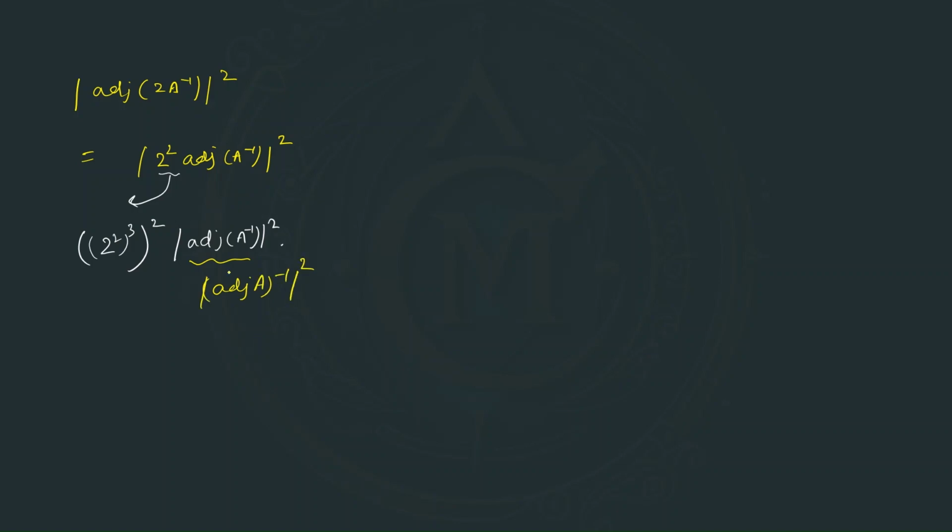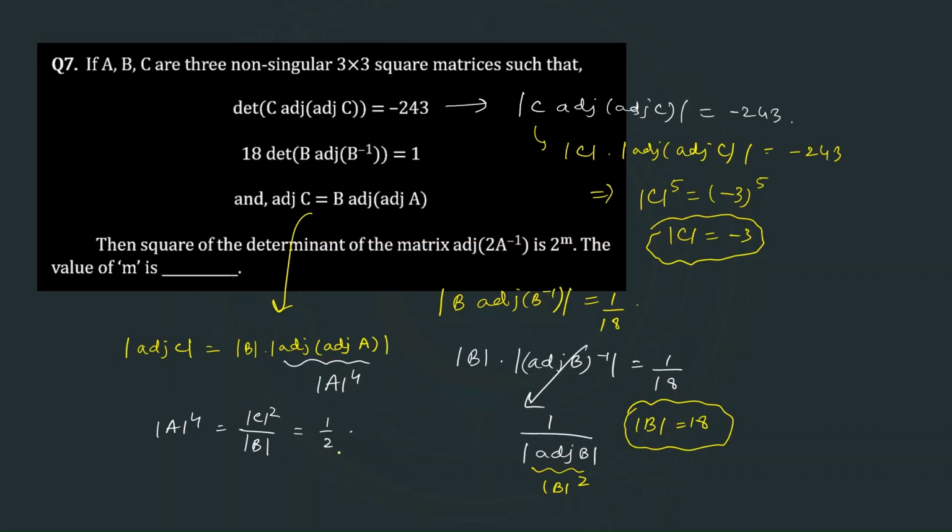So basically it becomes 1 over determinant of adjoint A whole square, which becomes 1 by determinant A square whole to the power 2. So determinant A whole to the power 4. Now determinant A whole to the power 4 we calculated already, it is equal to half.